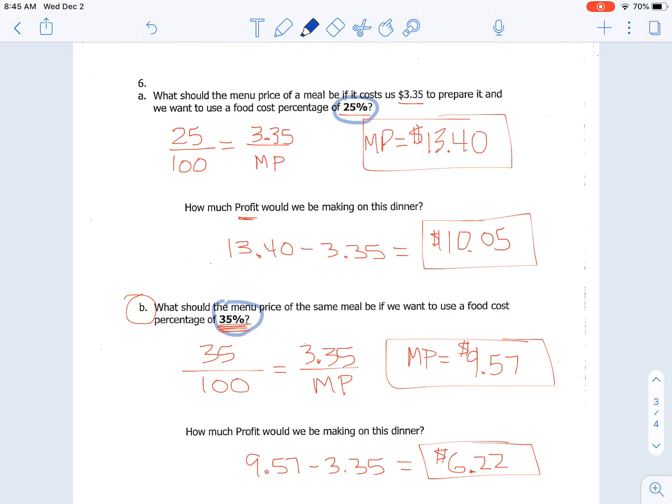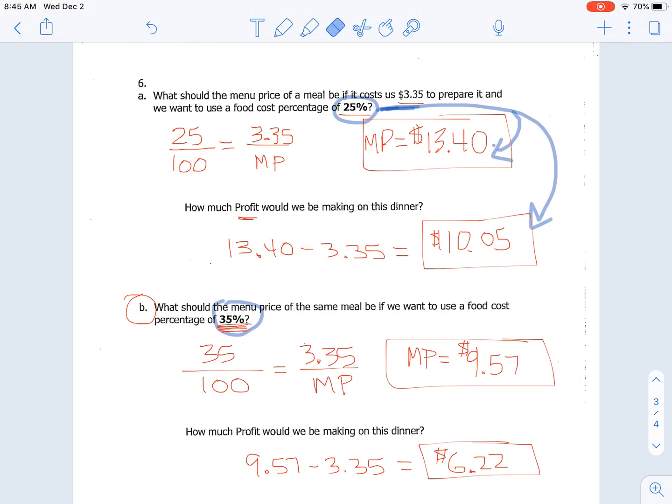Take a look at your answers and just take a second and try to think about it. When our food cost percentage was lower, we were able to make more money, right? But it raised our menu price.